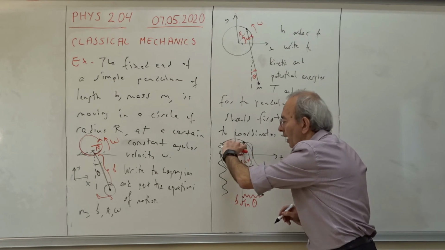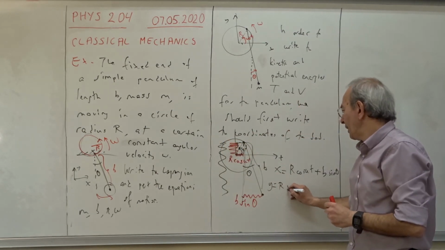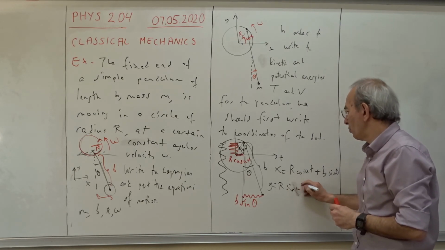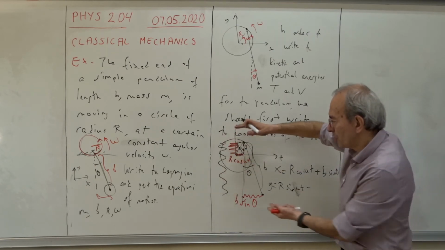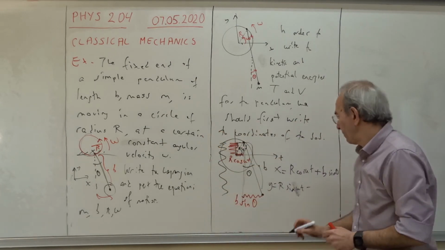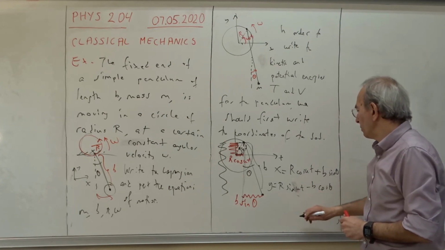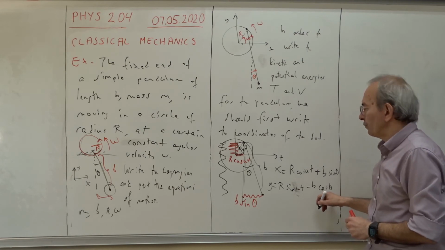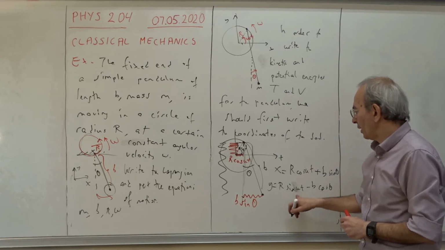It is r times sine omega t. It is the opposite side. Please don't confuse thetas with omega t's. And minus this whole thing, which is b cosine theta. So there are variables like theta, and therefore omega is also important.